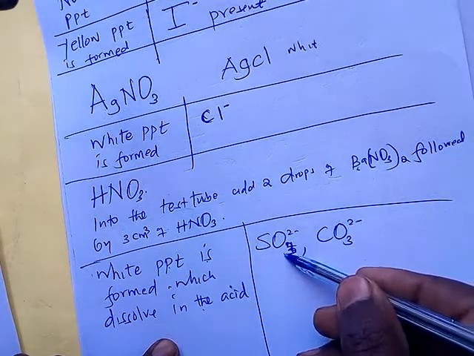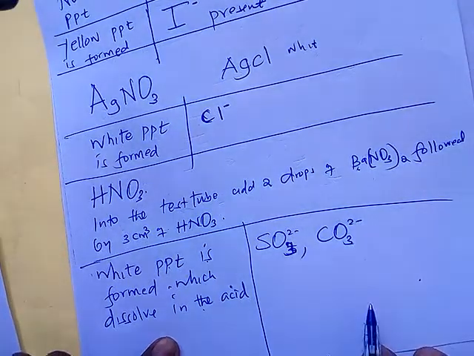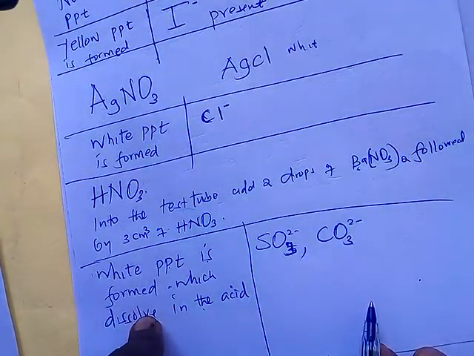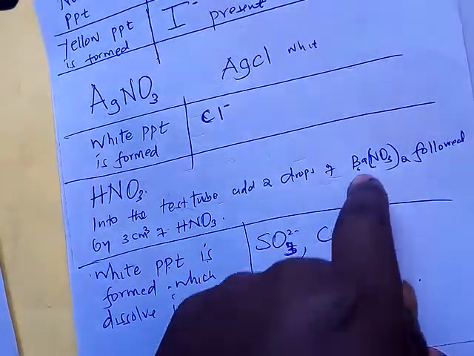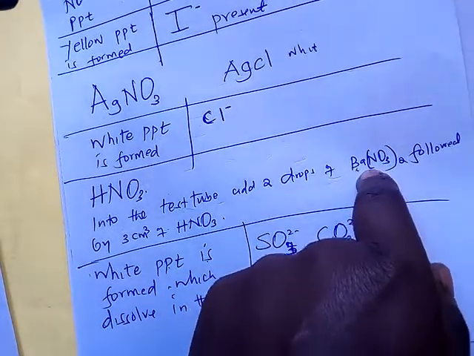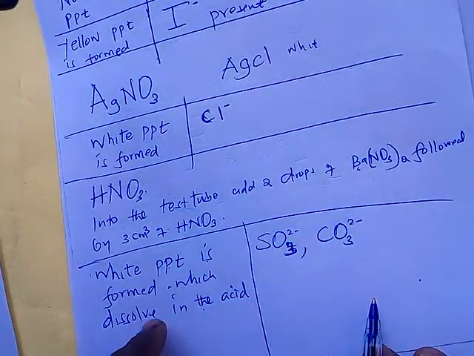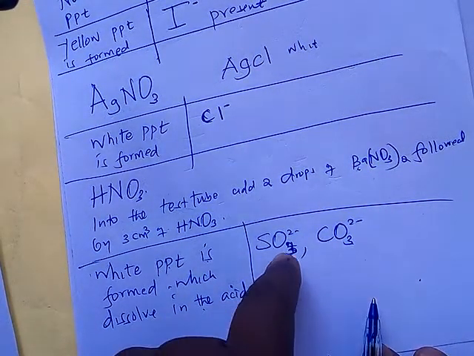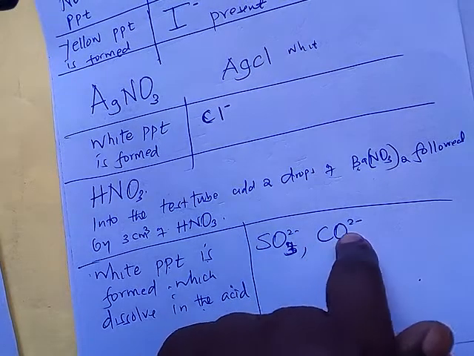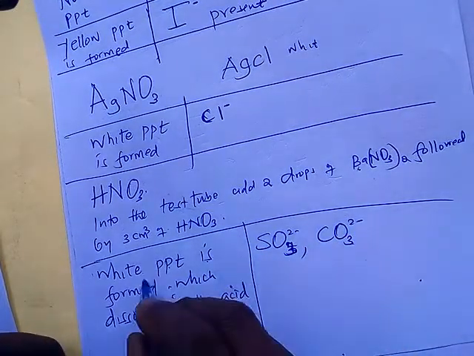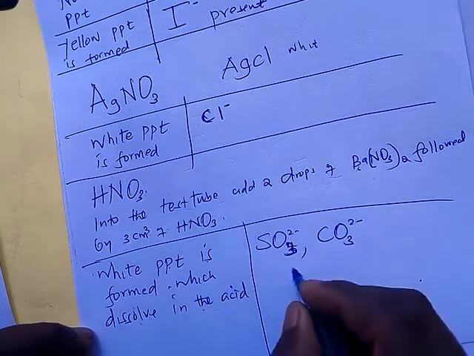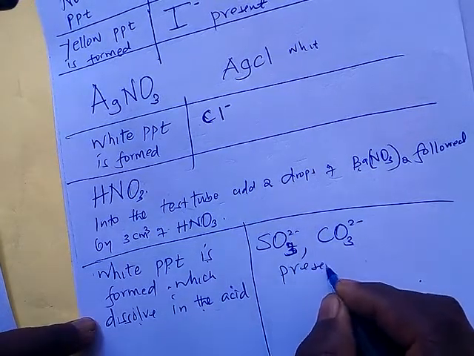A sulfite and a carbonate will react with the acid, because initially it will form barium sulfite or barium carbonate. The carbonate will react with the acid, a neutralization reaction, and this will dissolve to form a colorless solution. So if it dissolves, then you know that this one is present.